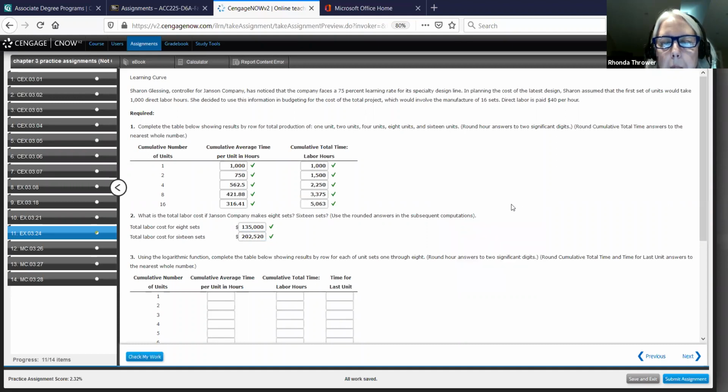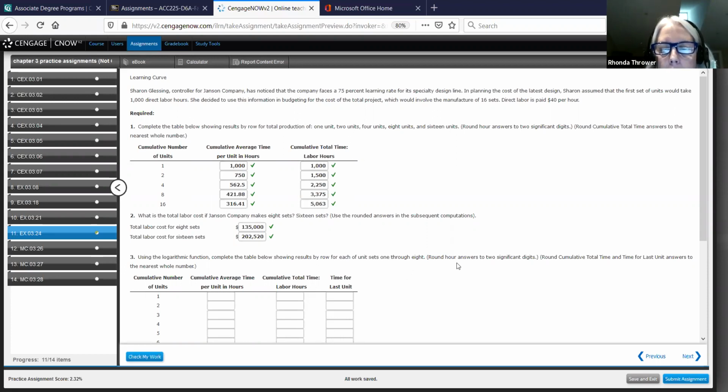All right. In this next part, it tells you to use a logarithmic function, and you have to use Excel to do that, or that's what I would suggest you do, because it makes it easier. Again, pay attention to the rounding rules.